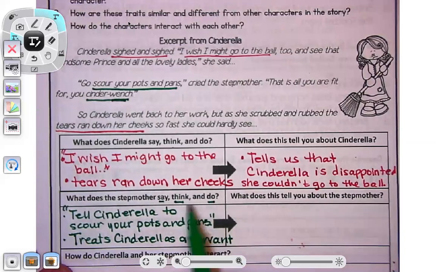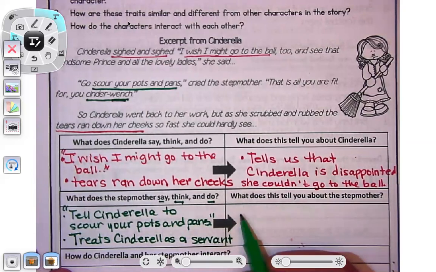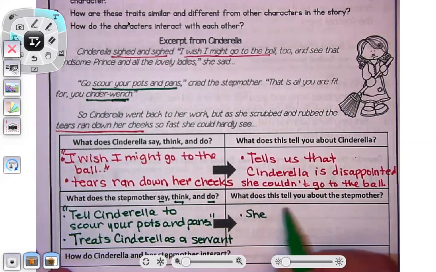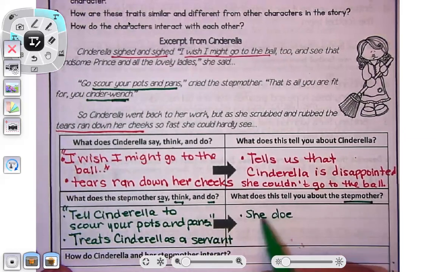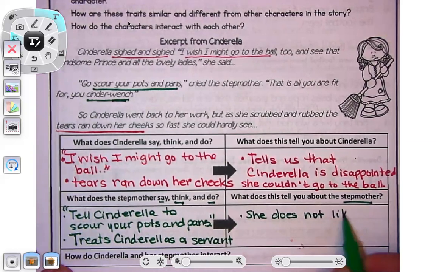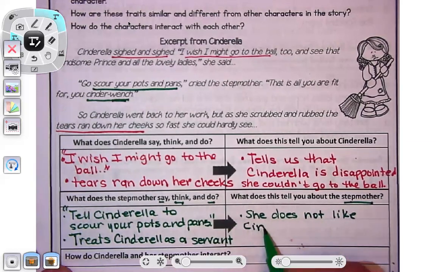And that means she does not care for her. So what did that tell you about the stepmother? That tells us a lot. I should have said the stepmother for detail. She doesn't like Cinderella.